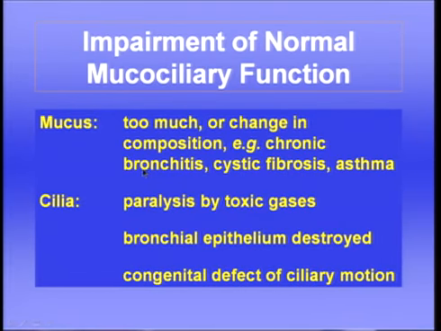Now the normal mucociliary escalator can become abnormal under various conditions. And one condition I've already referred to briefly is that it can be too much mucus. And that's what happens in chronic bronchitis. In chronic bronchitis, the load of pollutants from smoking cigarettes or whatever is such that the mucus glands produce so much mucus that the escalator just cannot deal with it. I mentioned how important apparently it is that the thickness of the sol layer be just right.